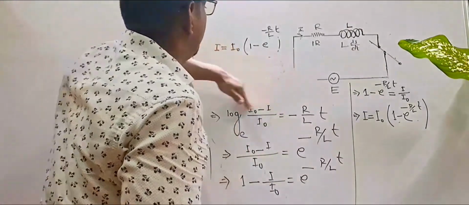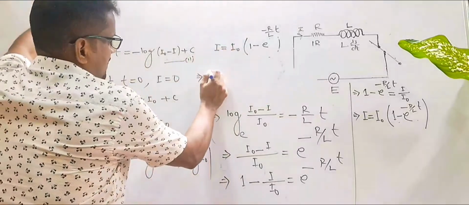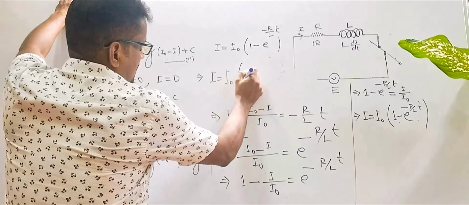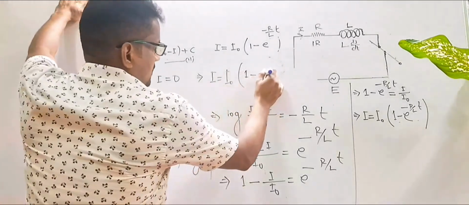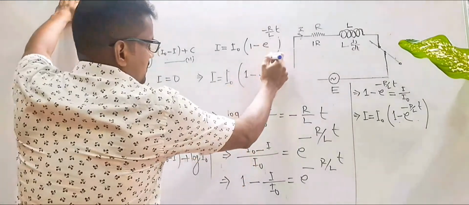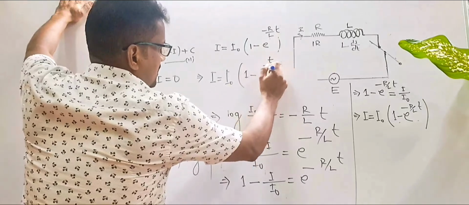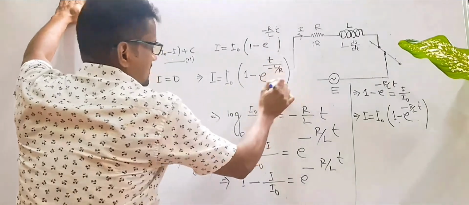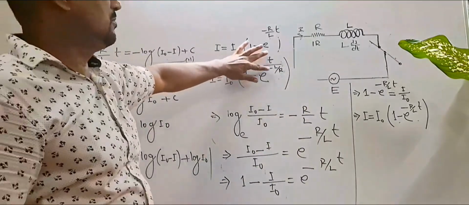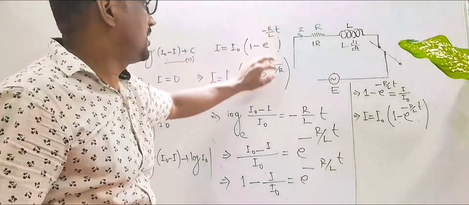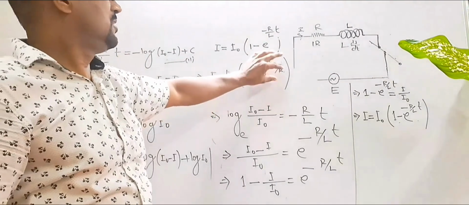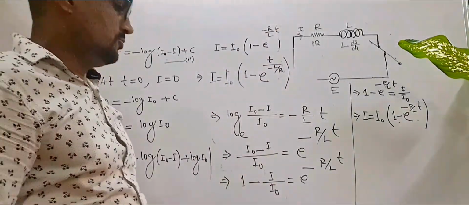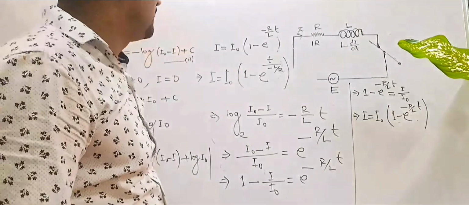Let me write in a clear way. I mean to say I equals I naught 1 minus e to the power, this term can be written as small t by minus L over R. Check it. Simple, just its reciprocal. I have written in the denominator, and it will again be minus R by L into t, or Rt by L.